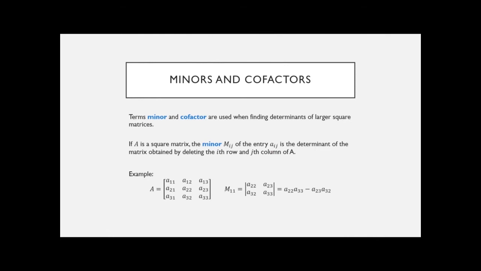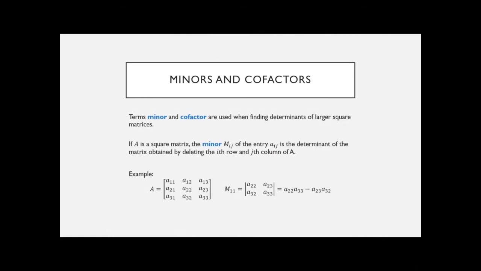Minors and cofactors are used when you have a 3x3 or a 4x4, or God forbid a 10,000 by 10,000. But generally for those, people use technology, because it's cumbersome and not easy to do by hand. The bigger the matrix, the harder it is to do by hand, the more calculations you have to do.